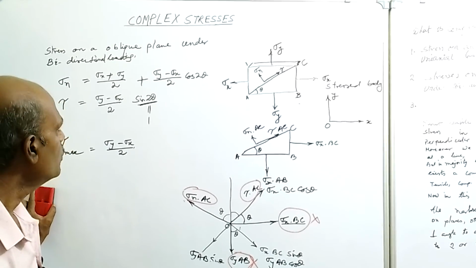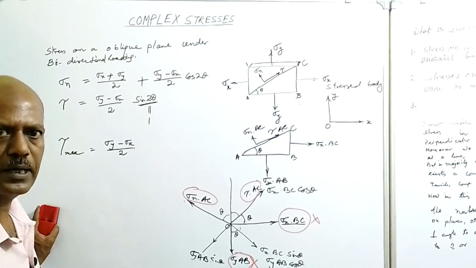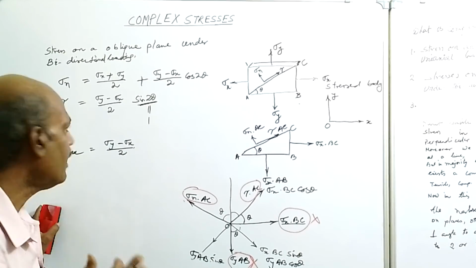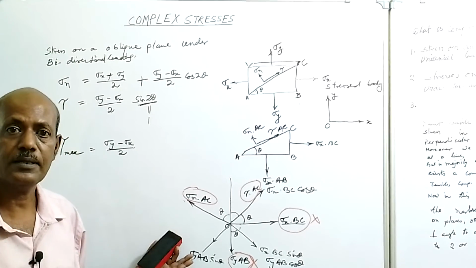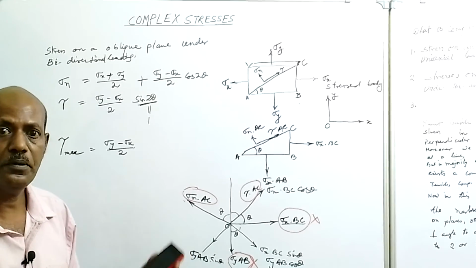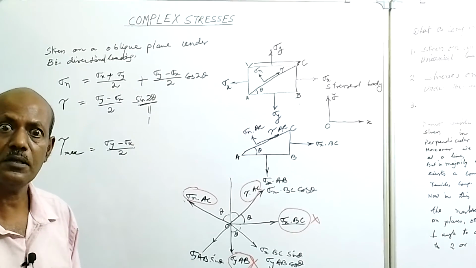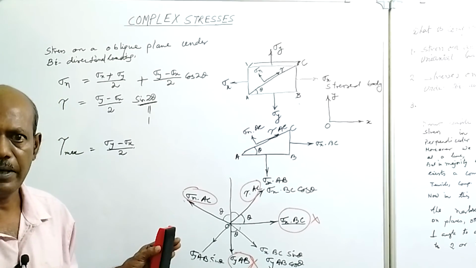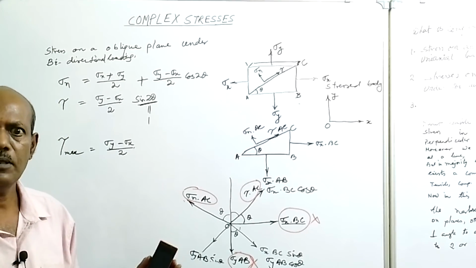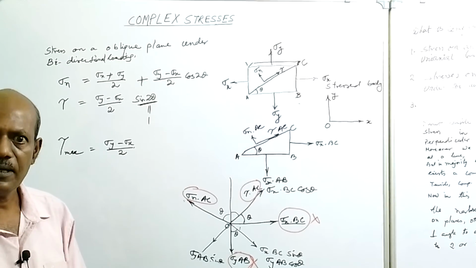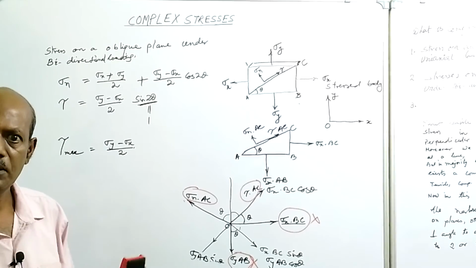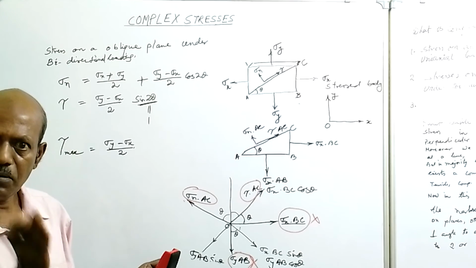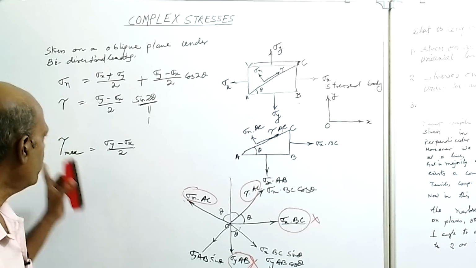Okay, so this is all about the derivation of these two cases. The first case we considered was the unidirectional loading system, in which we got the sigma n and tau value on an inclined plane, and also the maximum shear stress and at which angle it occurs.